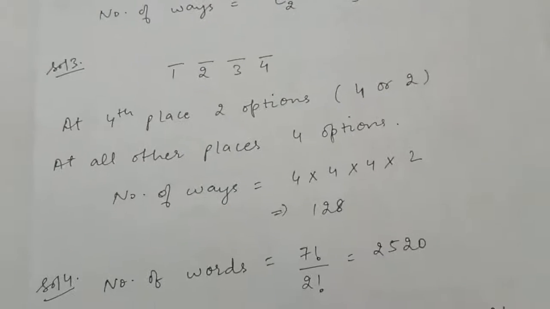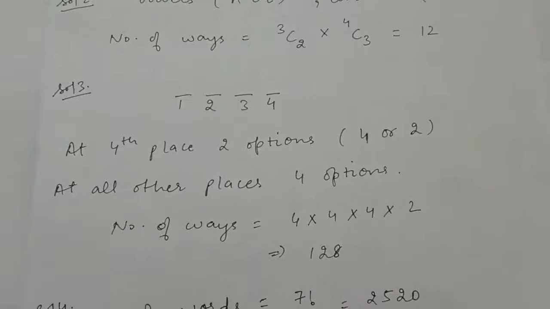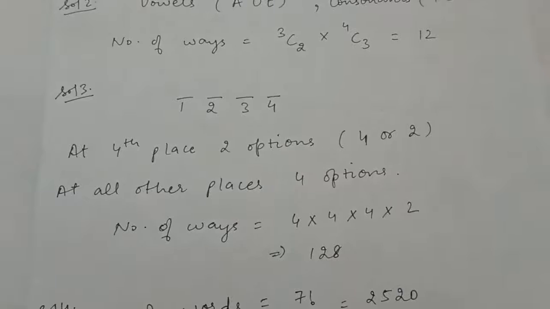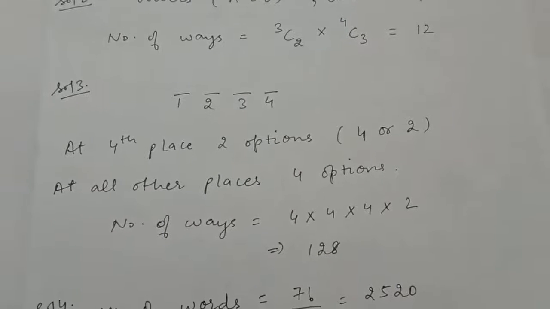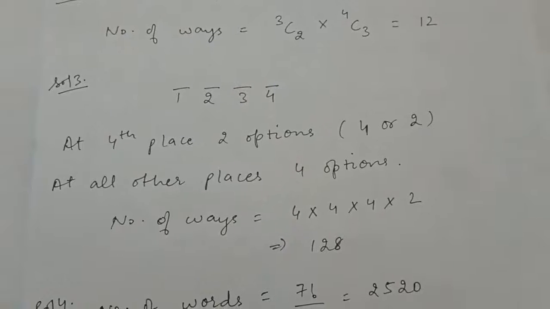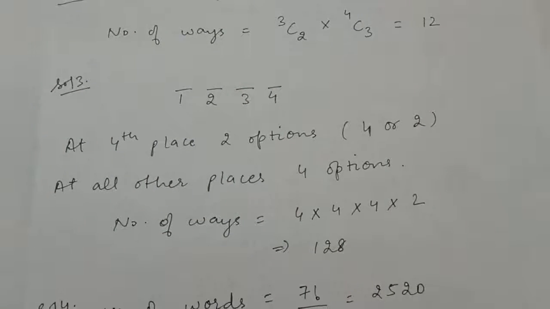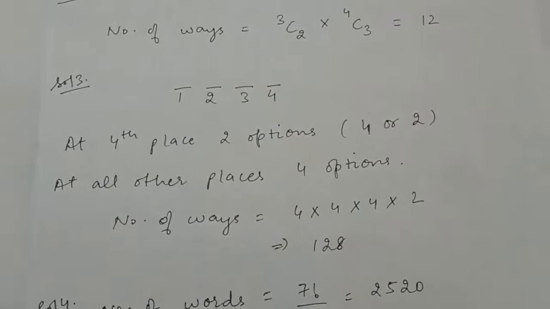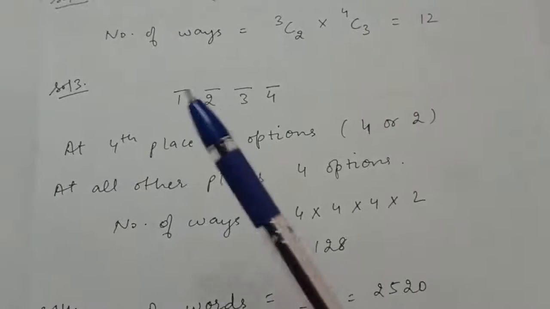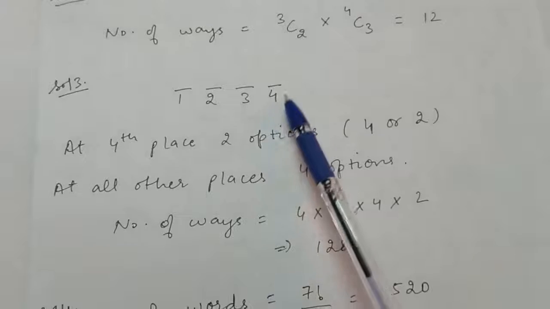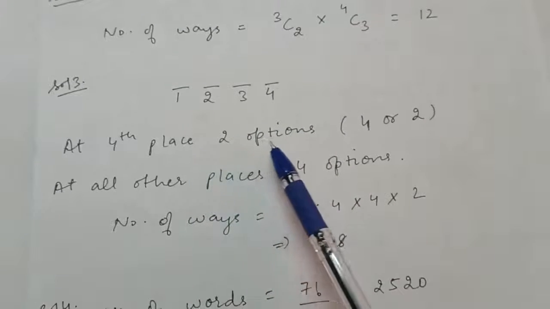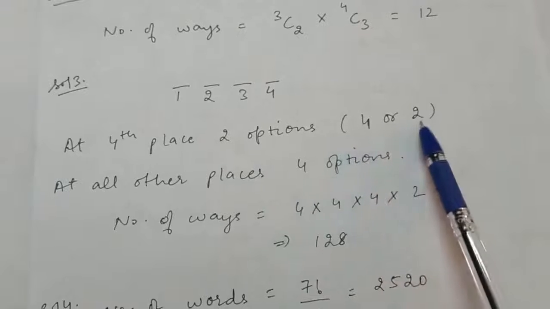Now question number third is, how many 4-digit even numbers can be formed from the digits 4, 3, 8, 2 if digits can be repeated, right? Now see, for the even number, the unit place, that is the 4th place, has only 2 options, either 4 or 2, right?